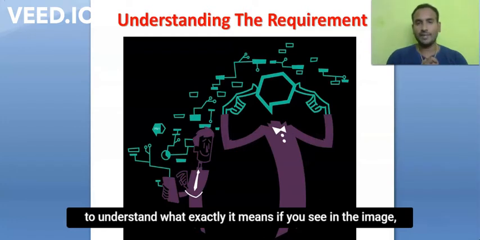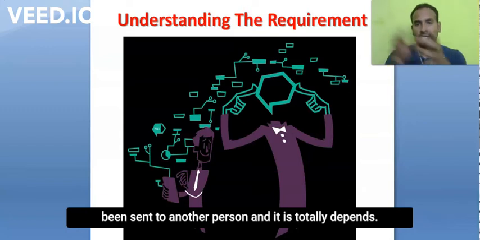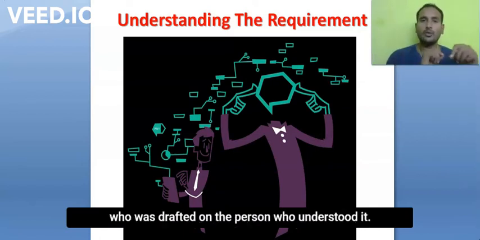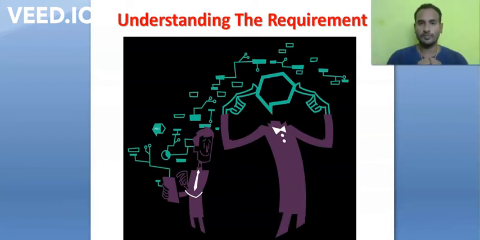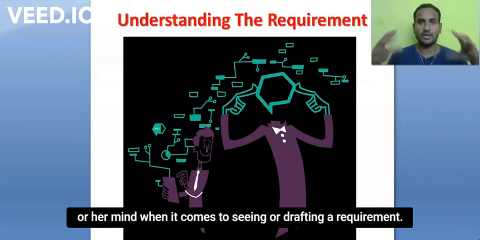If you see in the image, there is a person who is drafting a few things and that has been sent to another person, and the output totally depends on how the person who received it understood it. So there is something the hiring manager has in his or her mind when drafting a requirement.